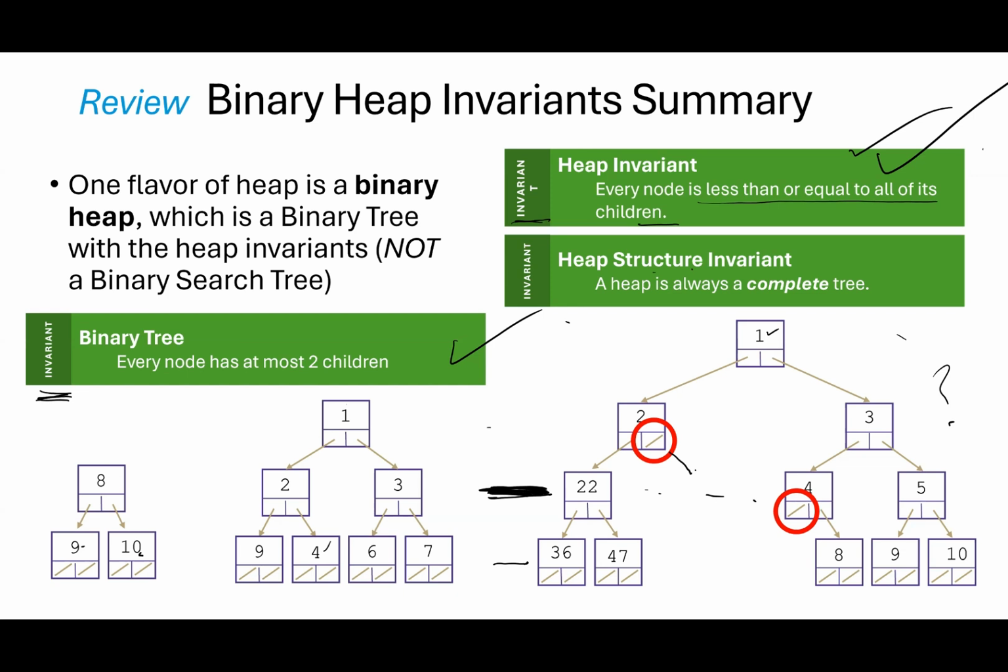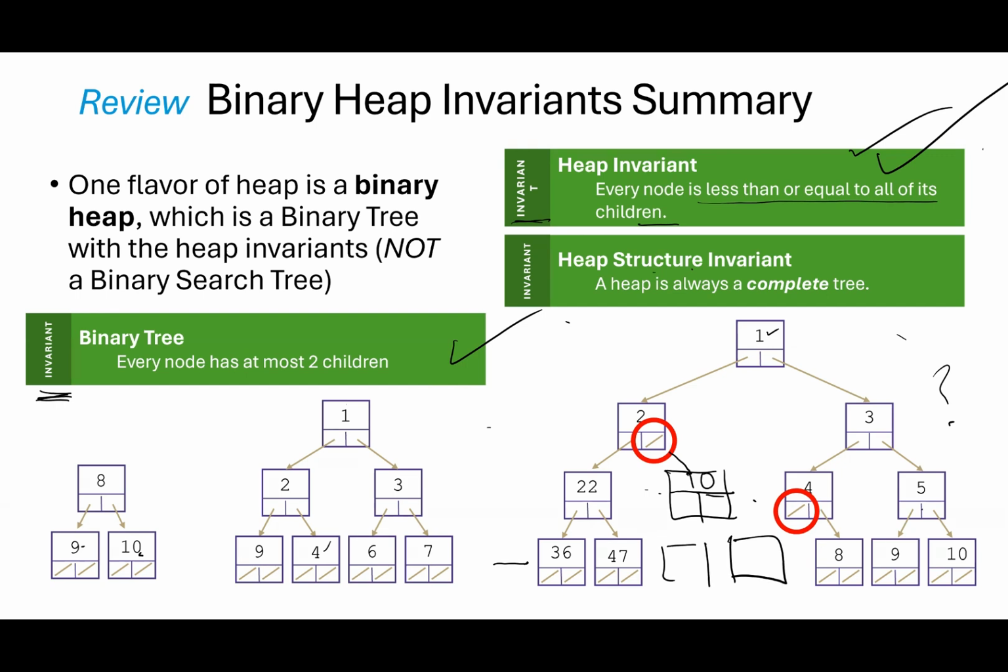No. So if I have something here, suppose I had something, say 10. So is it a complete tree now? No, because under 10 we don't have anything. 8, 9 had to be here, right?